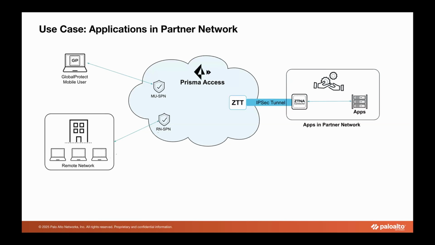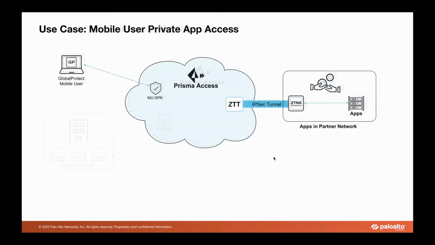If you want an unmanaged way of connecting to your private apps, we can do that too. We have something called privileged remote access, which gives you access to SSH-based private applications, RDP-based private applications, VNC-based private applications. So all that is introduced with ZTNA connector.